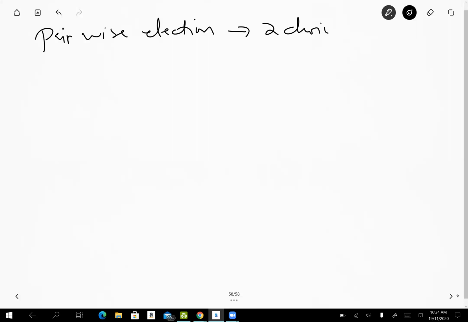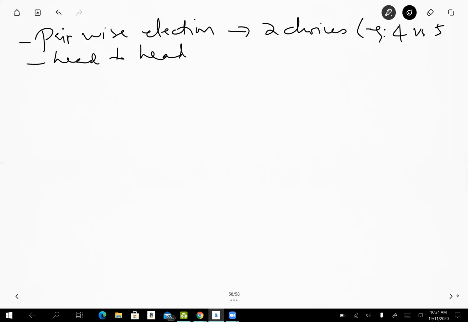You choose one. For example, Q equal to 4 versus 5, like that. And pairwise means it's going to be head to head, because you have only two choices. So you call it head to head.